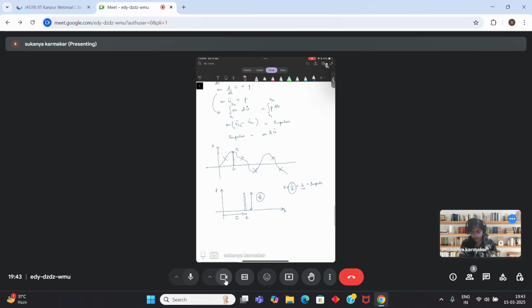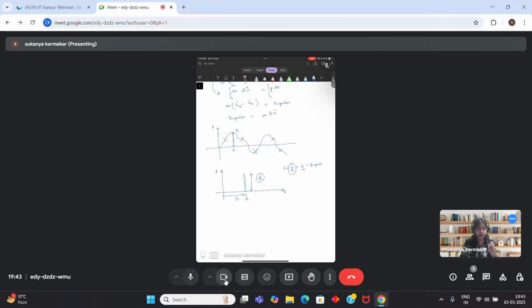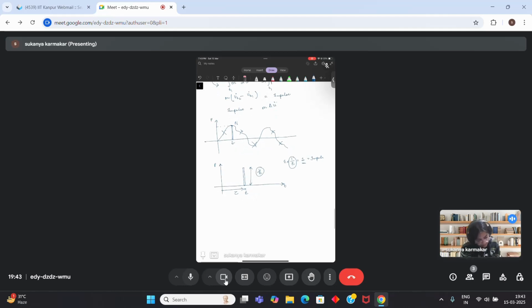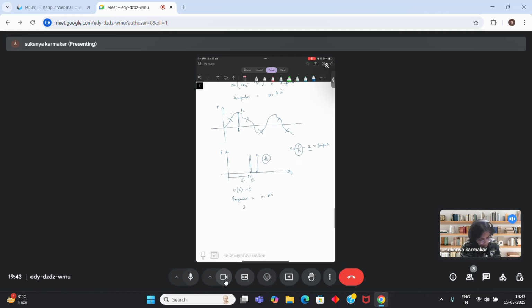Now let's consider this. We will be applying this to a single degree of freedom system. Let's assume that the displacement prior to and up to the impulse, that is u of tau, is equal to 0. Now let's use the fact that impulse is equal to m delta u dot. The value of impulse is 1, mass is m.